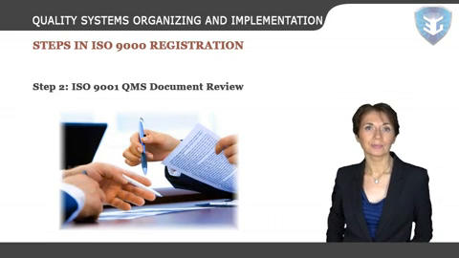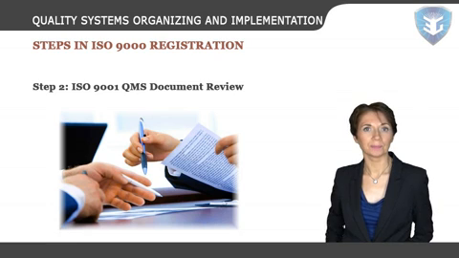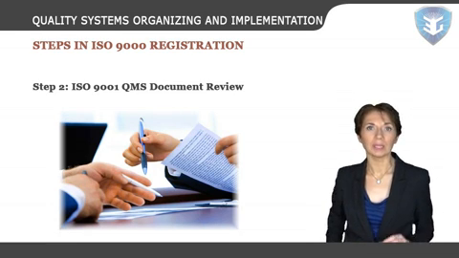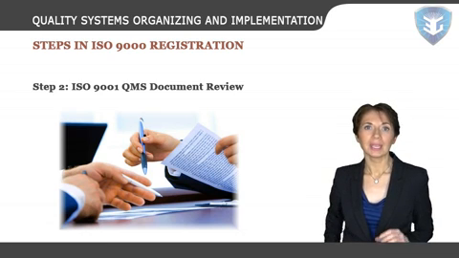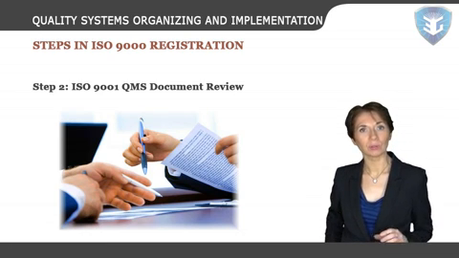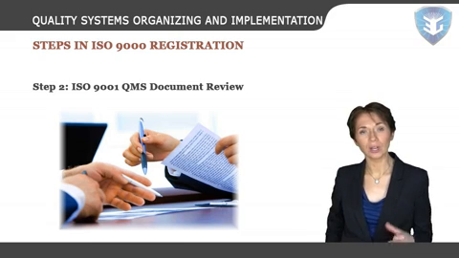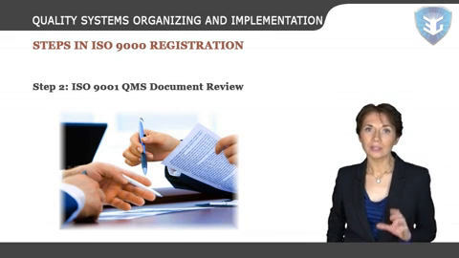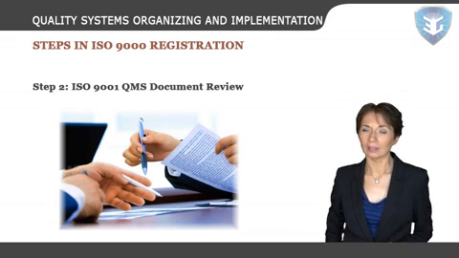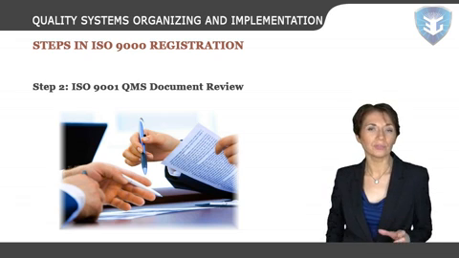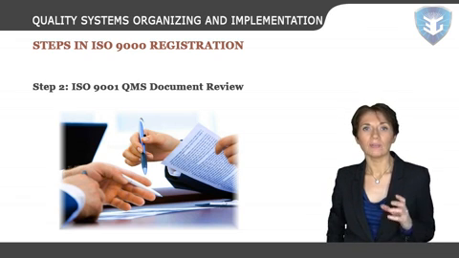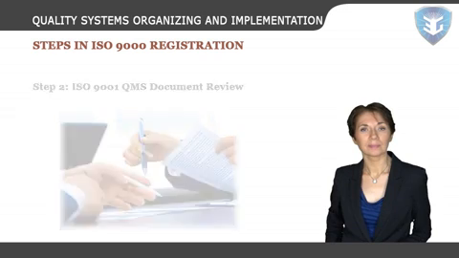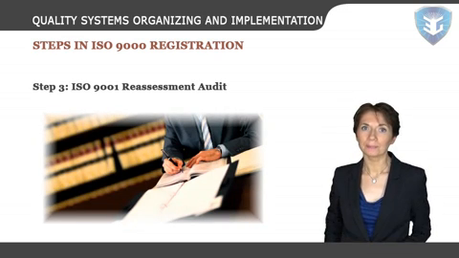Step 2. ISO 9001 QMS document review. The ISO registrar will require a copy of one's quality manual, implementing quality procedures and reports and forms for a document review. The document review is a desk audit of one's systems to verify that all the requirements of ISO standards are addressed. Step 3.